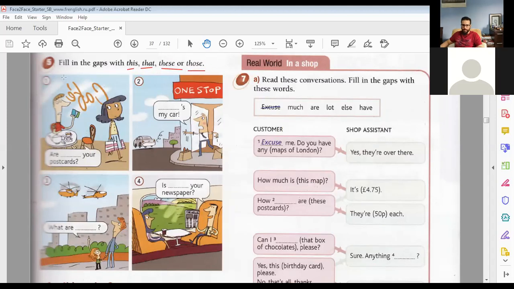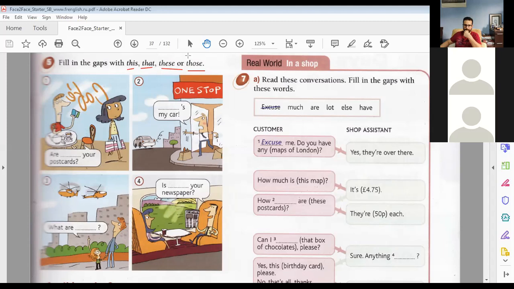Let's read number 1. So number 1 are ___ your postcards. خلينا نشوف الصورة قبل. Is it here or is it there؟ Is it here؟ تمام هو قريب منه. وبعدين هو قال postcards، هل الشيء singular ولا plural؟ Plural.